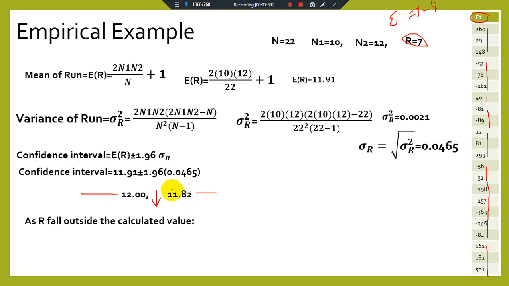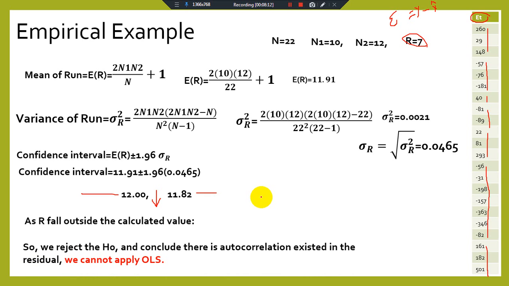If it lies between these two values, then we can accept the null hypothesis. Here our runs lie outside, so we reject the null hypothesis and conclude that there is autocorrelation in our residuals, so we cannot apply OLS.